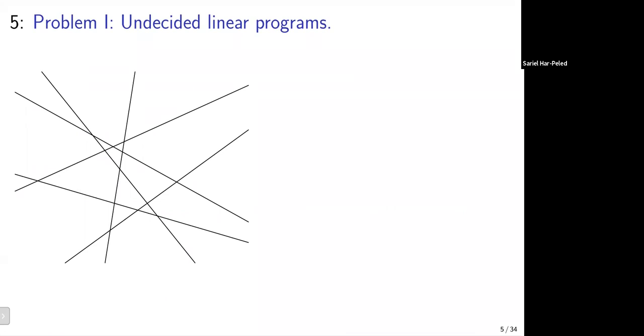The way to think about it is that you just have a bunch of lines, and every line might define either the half plane below the line, or the half plane above the line. Assume closed half spaces, but we don't know which one it is, right? And we want to find a feasible solution to this implicit LP.